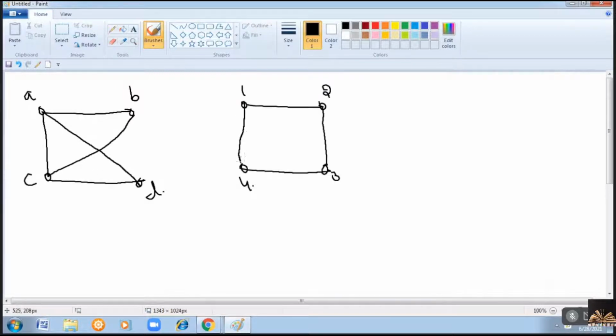Now you take these two graphs. We'll check whether these are isomorphic or not. Take the graphs.